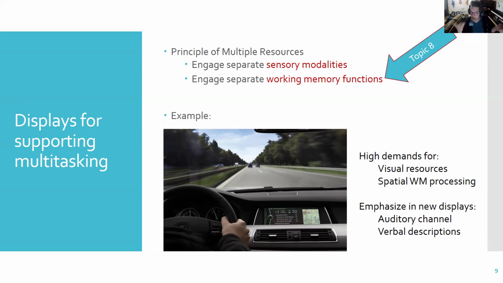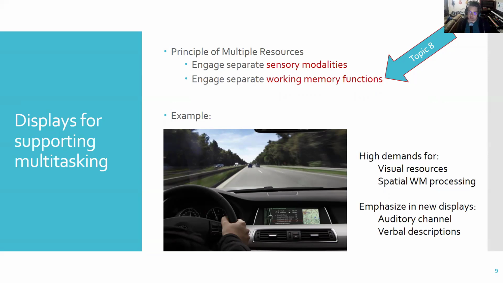So this is why it's okay for me to drive very safely and listen to the radio, because these are engaging different sensory channels for the most part and different working memory functions, more spatial processing and more verbal processing. We'll talk more about that when we get to topic 8.